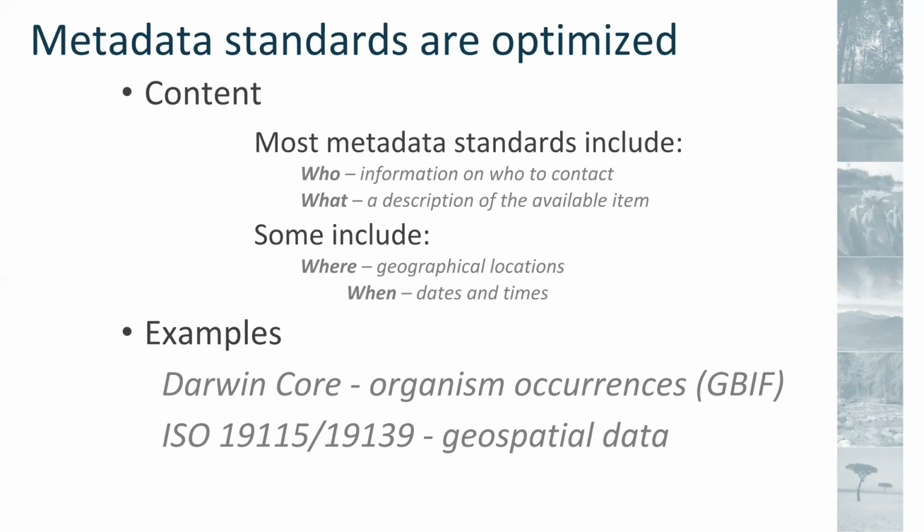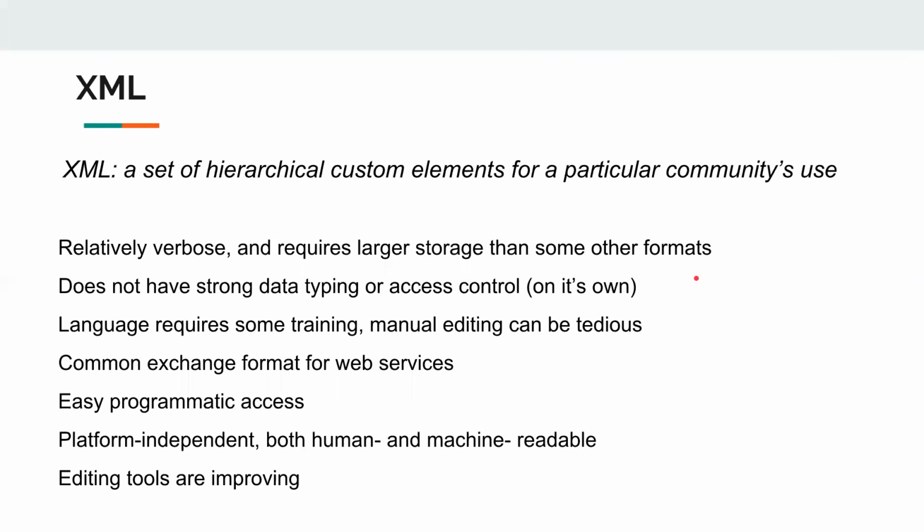Some of you might be familiar with Darwin Core, which is used for organism occurrences commonly. And then there's the geospatial ISO 19115, which is used for geospatial data. But even within the same subject domains or for the same type of resource, there may be 2 or more options for metadata standards. We're also going to talk about XML, which is an extensible markup language.